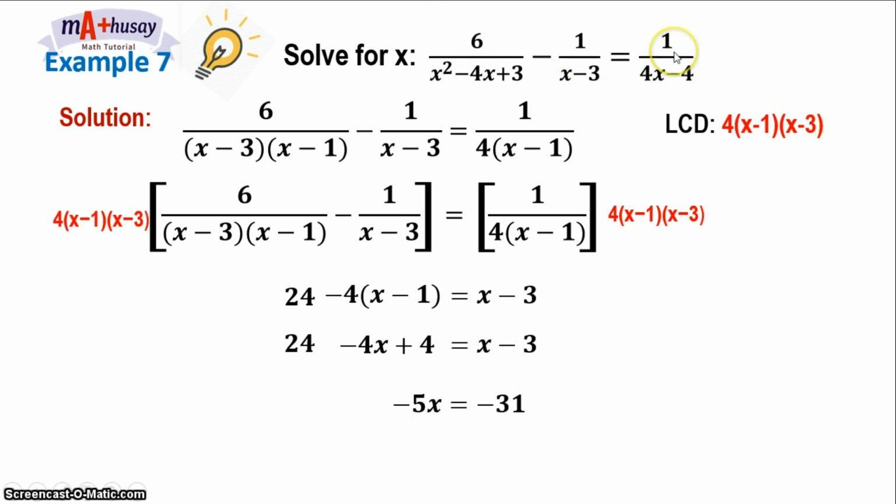So, from this complicated na rational equation, pwede natin siyang i-transform into this linear equation. So, to solve for x, ang gagawin natin is we have to divide both sides of the equation by negative 5. So, the value of x should be 31 all over 5.